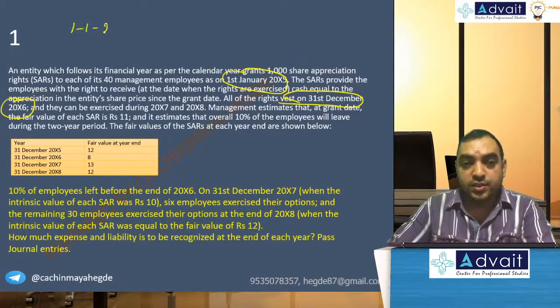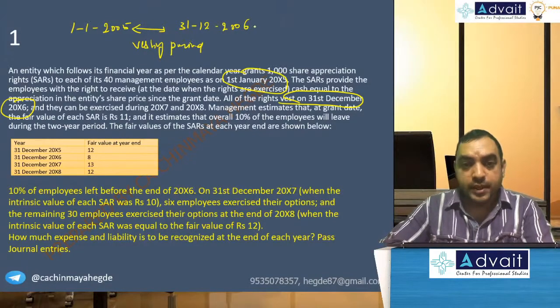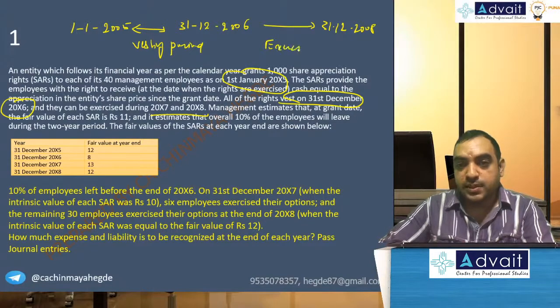So 1/1/2005 to 31/12/2006, this is the vesting period. Then you can exercise in 2007-2008. So till 31st December 2008, that becomes the exercise period.